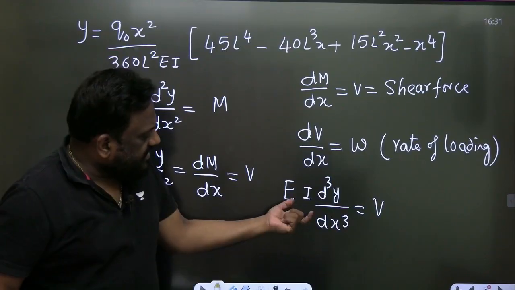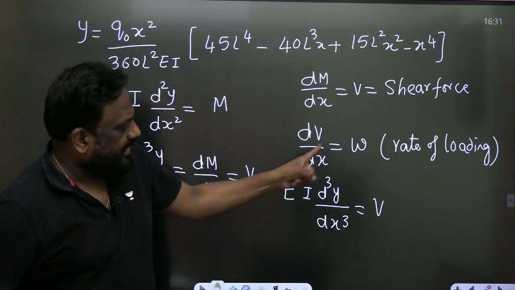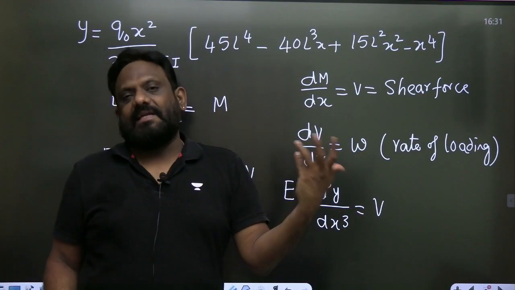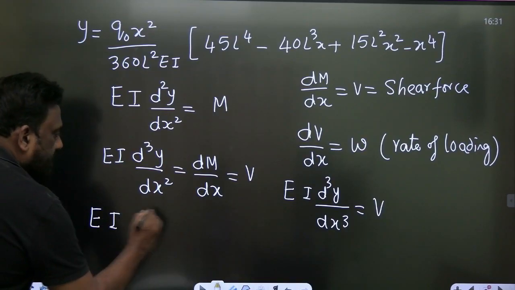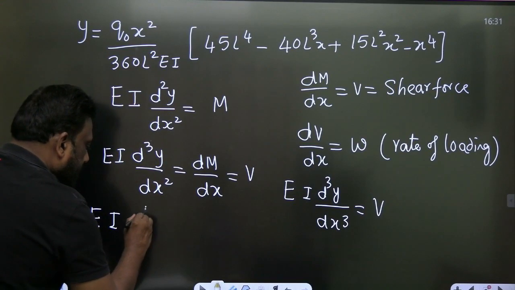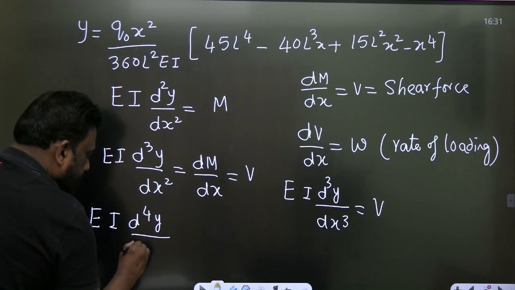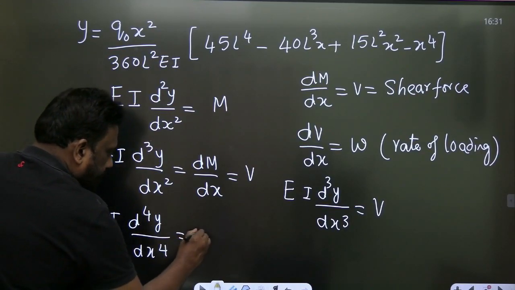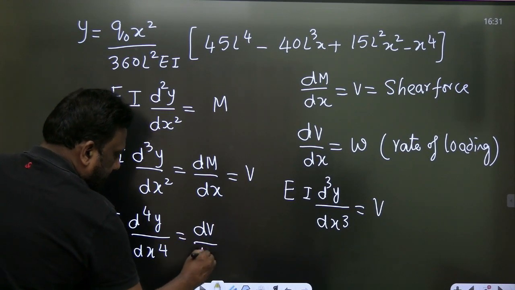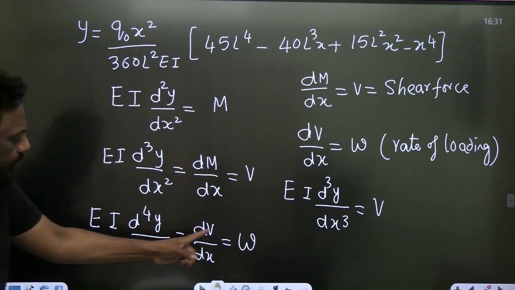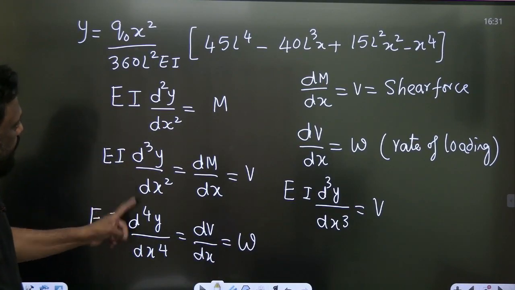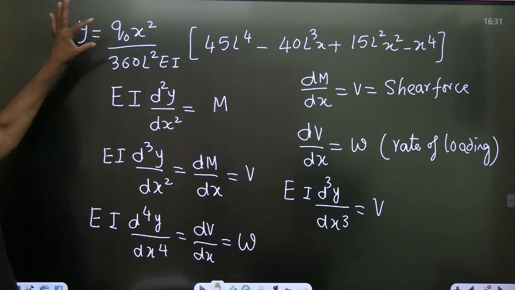If I differentiate this, I get dV by dx. But dV by dx is W. He is asking the loading intensity only. Chalo. EI, further, let us differentiate this. So d4y by dx power 4 is equal to dV by dx, and that is equal to the rate of loading W. So if you want the rate of loading W, I have to differentiate this deflection curve 4 times.